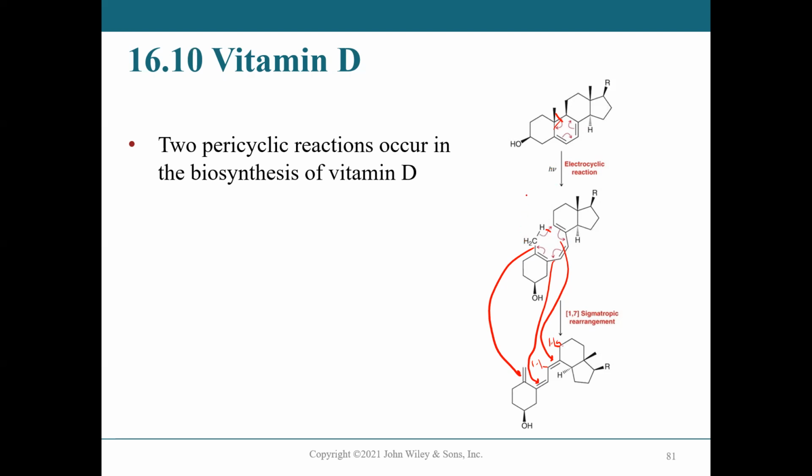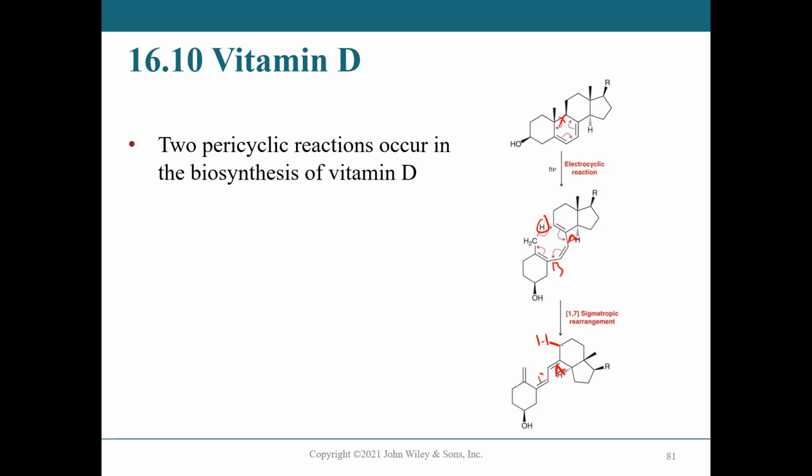Let's clean this up and let's just look at it again. We have all these rearrangements going on, so first we're going to break this sigma bond right here. Then we have electron movement. Once we have our electron movement, now this hydrogen right here is going to end up right here. This double bond I'll call A. We'll just kind of follow them.